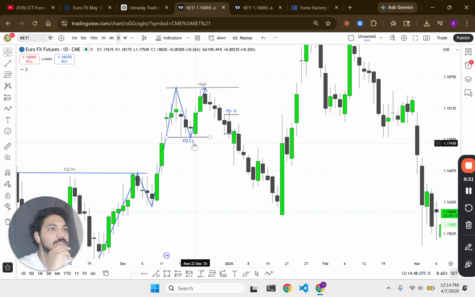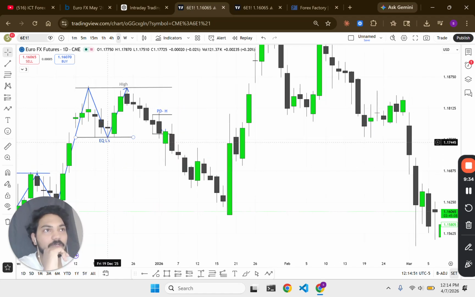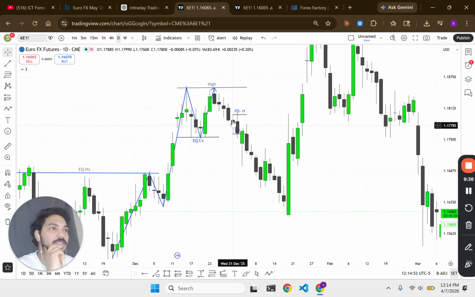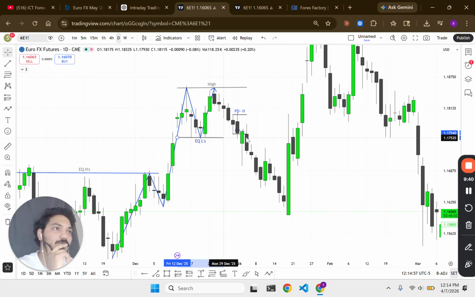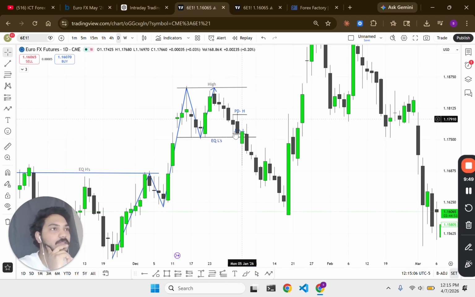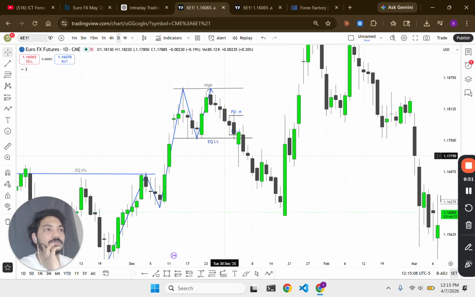If you can see, it's right down here. Let me move this a little because it is pretty close to our daily candle.